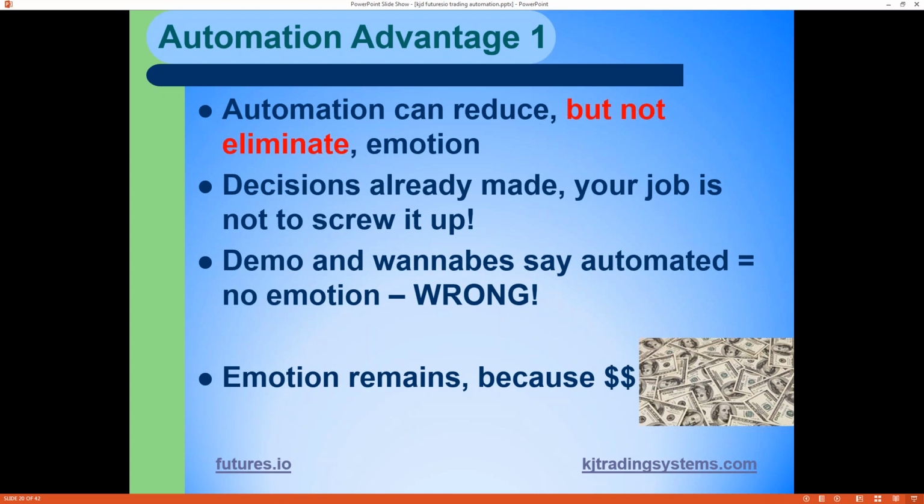So you're going to make money, and there's going to be emotion involved. So my personal theory is people who say, hey, automation eliminates emotion, usually are either not traders or they really have some kind of screwed up idea of what money means and why it's important.